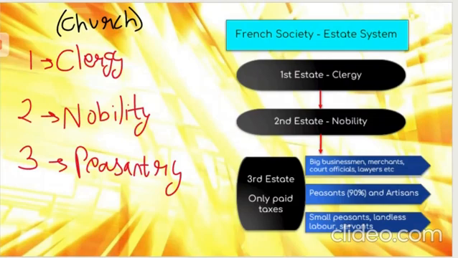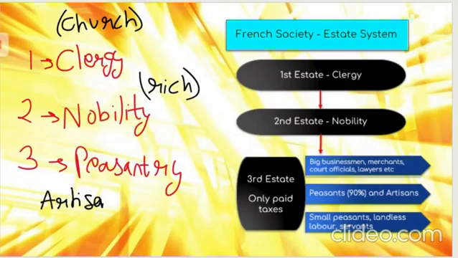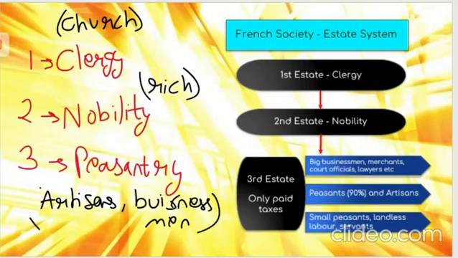The nobility, the second estate, were the people who were very rich, but below the church. Those were the nobles. And the peasantry were the remaining people, for example artisans, businessmen, and so on.